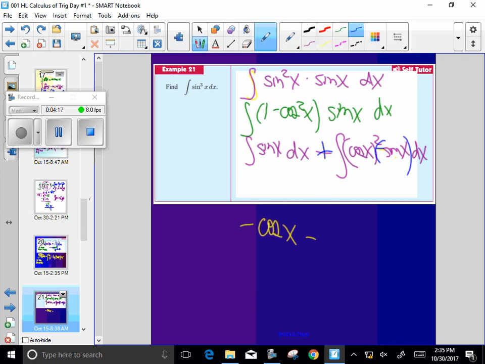So what's the antiderivative of u squared du? What's that? U cubed over 3 plus c. That's cosine x for u. I let u be equal to cosine x, just as before, du is negative sine x. What do you think?